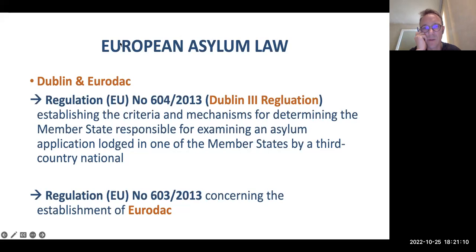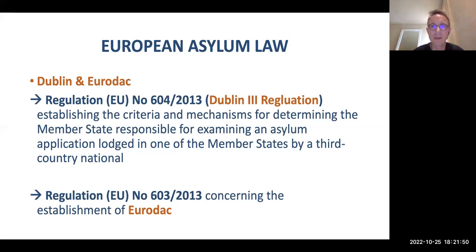These, you can see from the numbers, have always been adopted in conjunction, because the Eurodac regulation is basically a database, a European database established through this regulation that would register all the fingerprints of asylum seekers in Europe, and makes it then available to check whether a person has been entering a country first before applying for asylum in another country, for example.